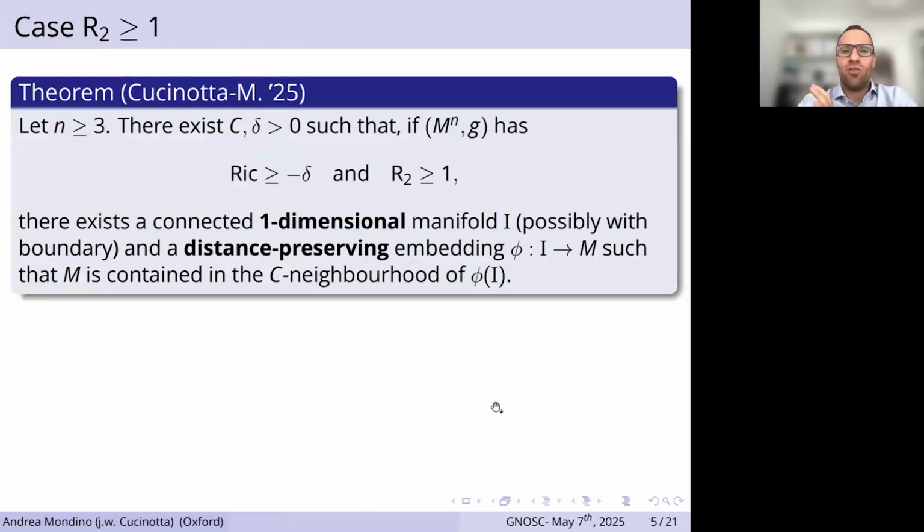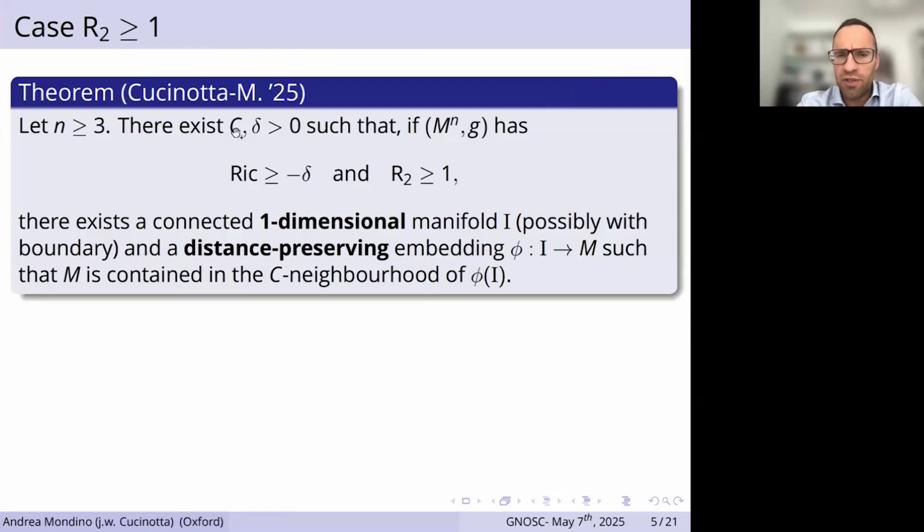Good. So let's start with the first main statement. The main result that I would like to discuss is the following. Take a dimension n, at least 3.